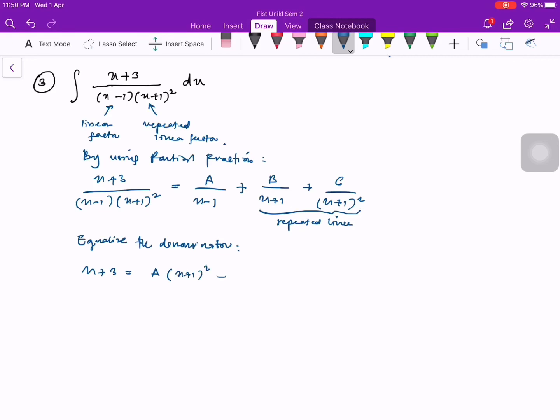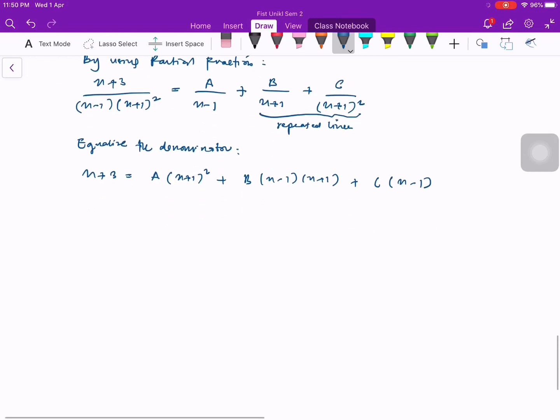Okay, and then plus with b times with x minus 1 x plus 1, and then plus with c, we're supposed to have multiply with x minus 1. Then of course in this case saya akan gunakan kaedah substitution in order to get a variable of a, b and c accordingly.